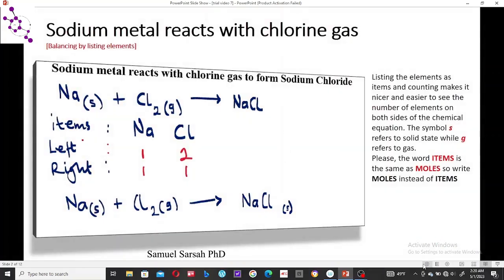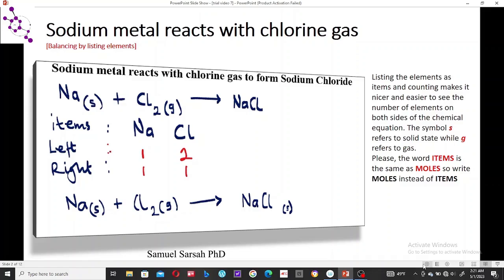This is an example of a reaction that is supposed to balance. You have sodium metal reacting with chlorine gas to form sodium chloride. To begin, you have to list the items or the elements in the whole reaction equation to see if it's balanced or not.